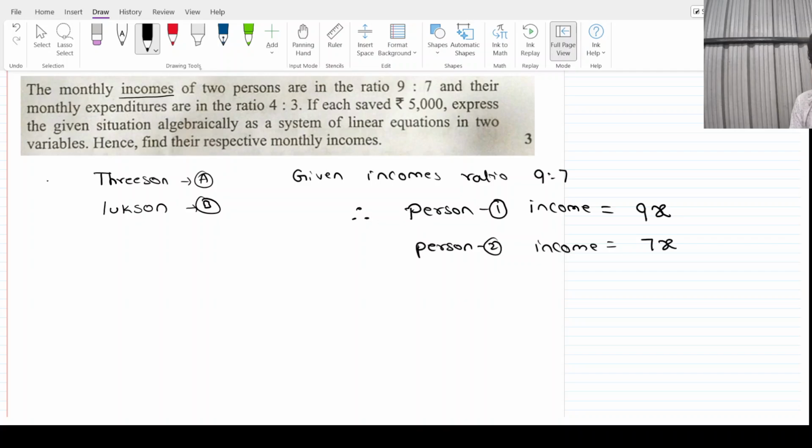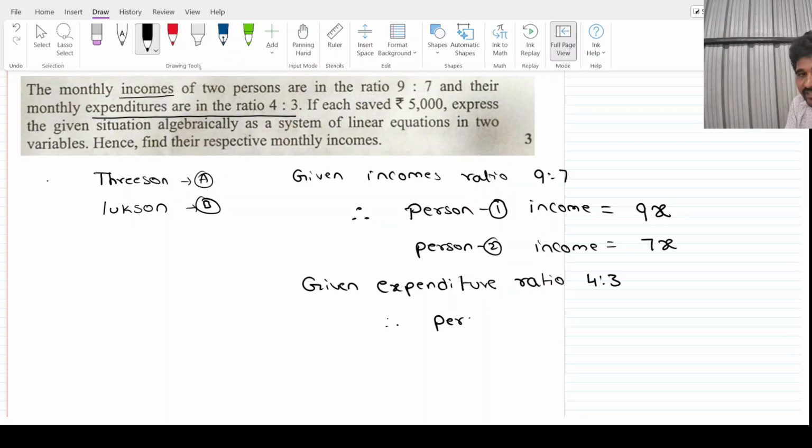Now, expenditure ratio. Given that expenditure ratio, how much? 4:3. Therefore, person 1 expenditure is equal to 4y.